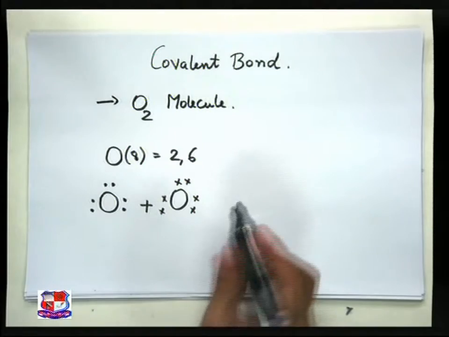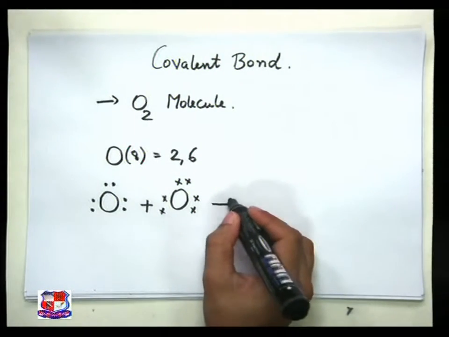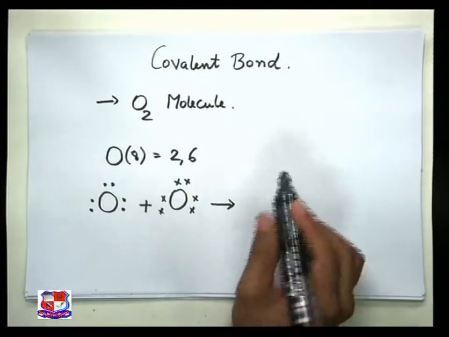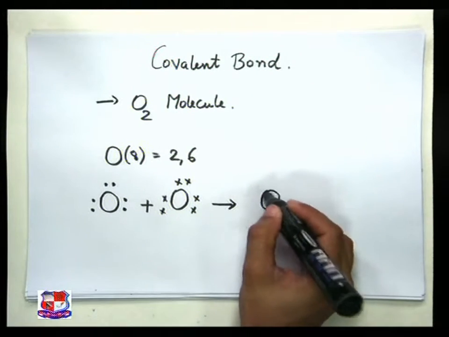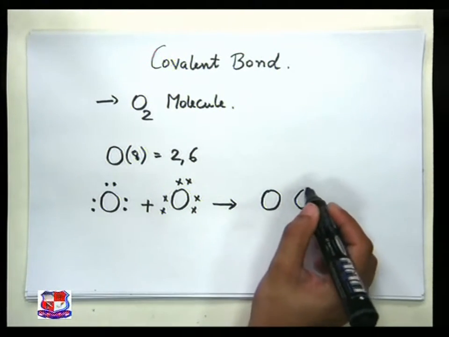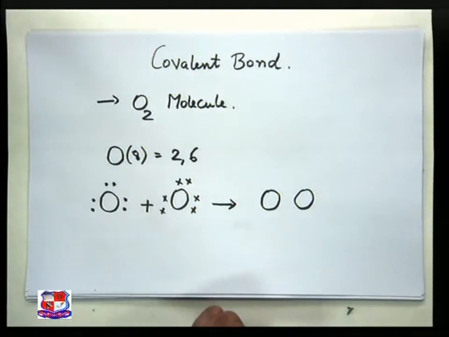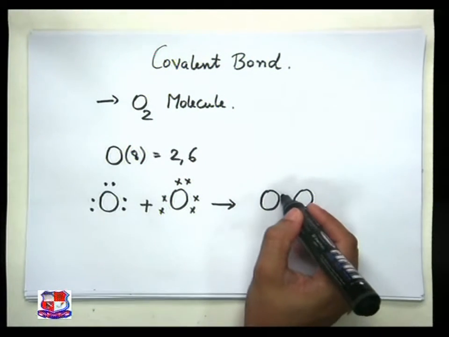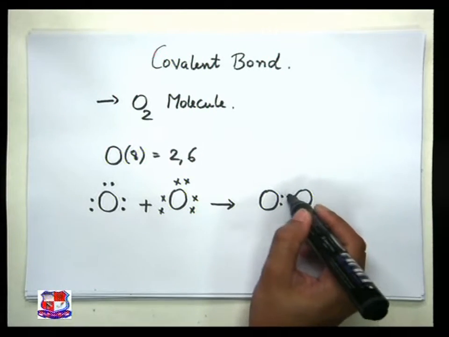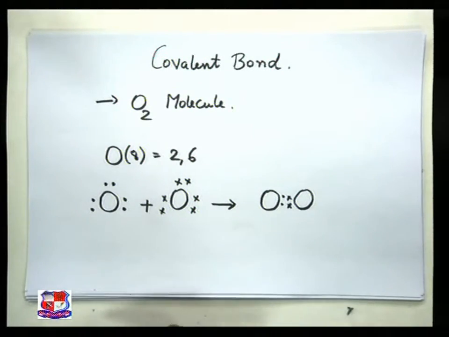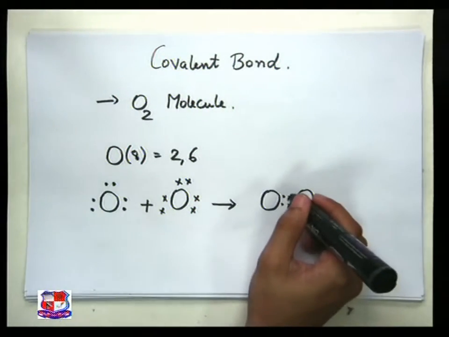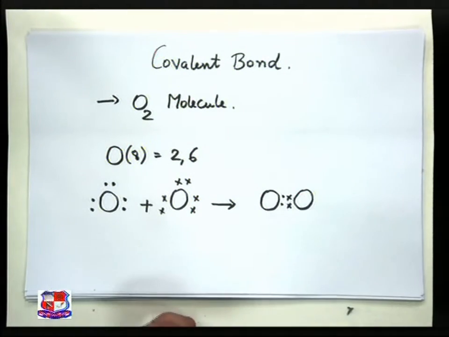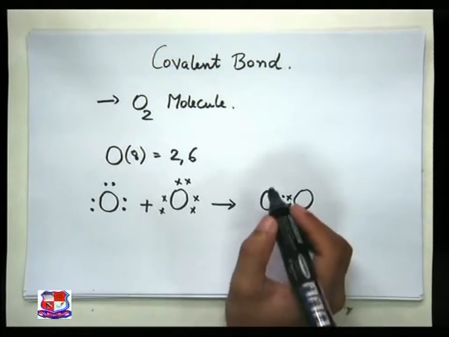Okay, after this what we will do? O2 is formed. How is it formed? We have oxygen like this, we have oxygen like this. Okay, you can see very clearly this pair and this pair, that you are going to write it here. Okay, like this. So this is shown, two pairs of the electrons are shared between two oxygen atoms.